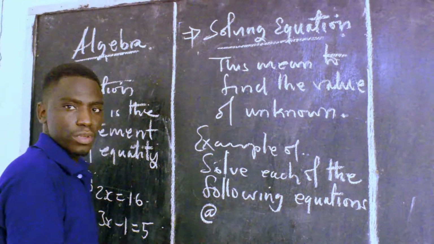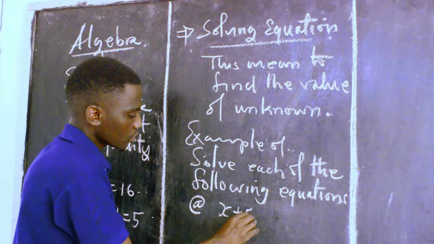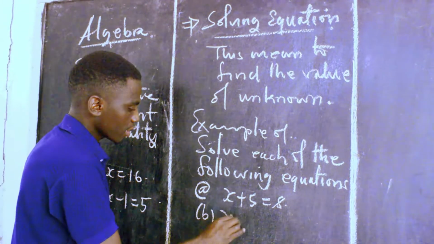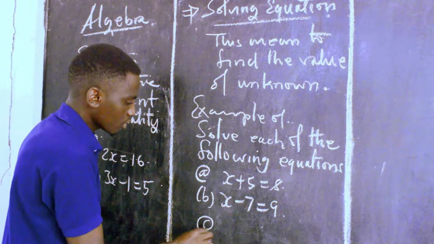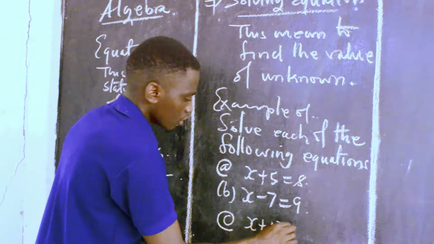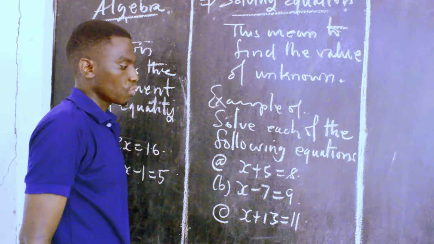Let's say we have x plus 5 is equal to 8, and b we have x minus 7 is equal to 9, and c we have x plus 13 is equal to 11. So we have this kind of equation.